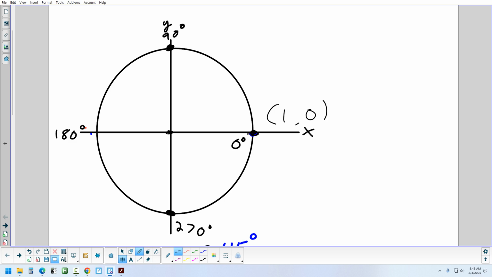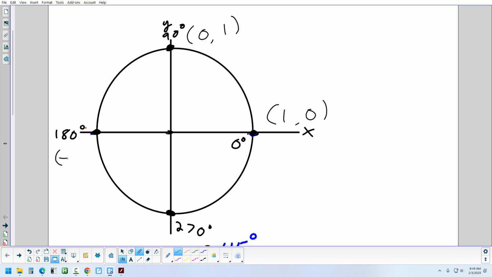Okay. How about 90 degrees? Anyone think they know that coordinate? 0, 1. Yep, 0, 1. And that never changes. That is always the location of a 90 degree angle on a unit circle. How about the coordinate that would represent 180 degrees? -1, 0.